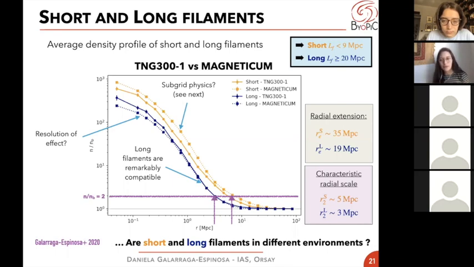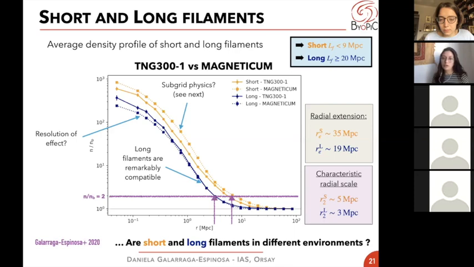What does that mean, subgrid physics? What kind of physical parameter is unknown in there? The model, for example, of the efficiency of AGN feedback can be one of the parameters that might explain this difference. Also, these two simulations have different cosmologies, so this is something we have to test, whether this is cosmology dependent.